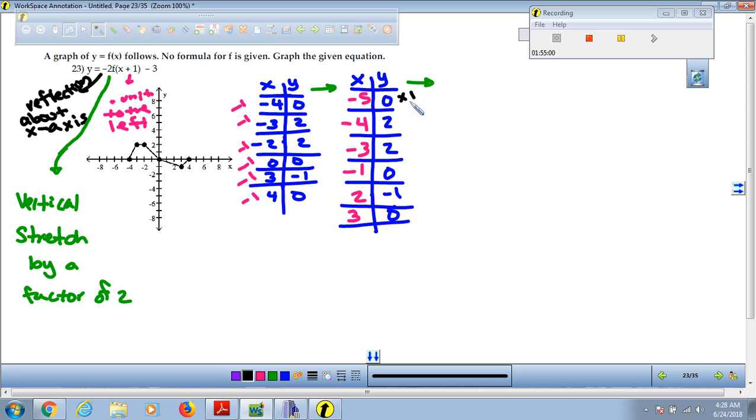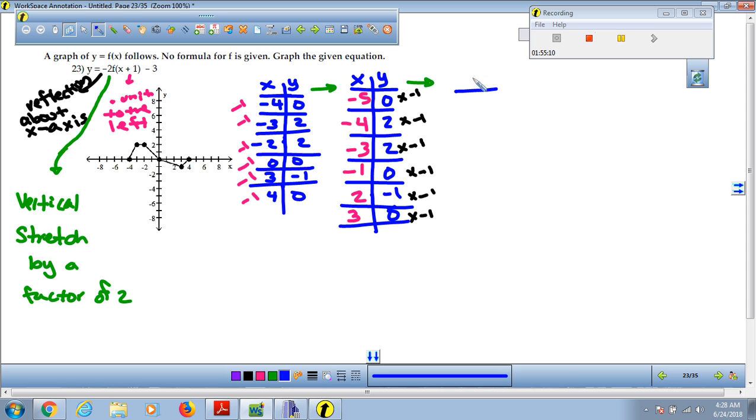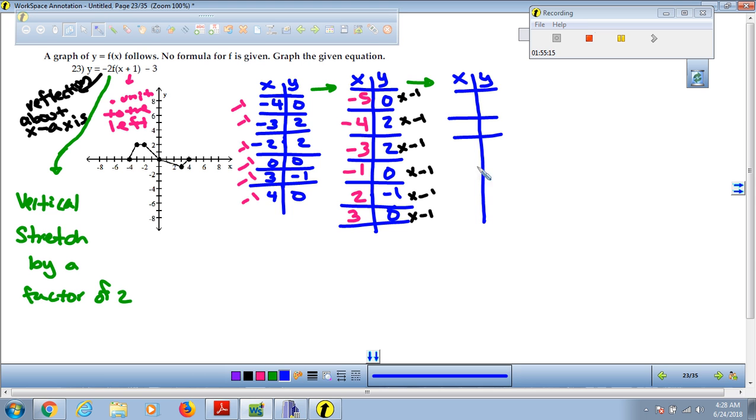It's the same thing. So let's say that you do times -1. You're going to do the reflection first. But if you do the vertical stretch first, it would be the same thing.